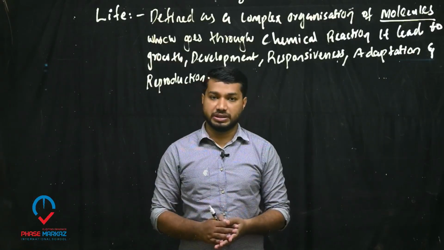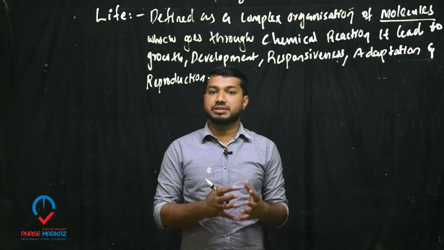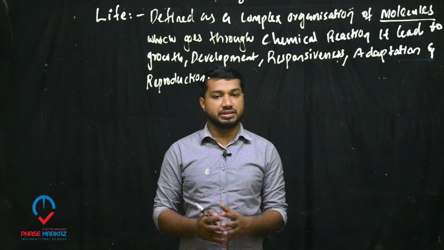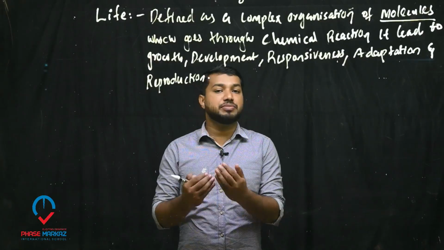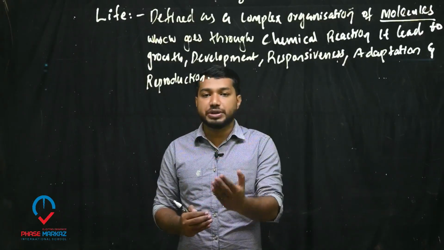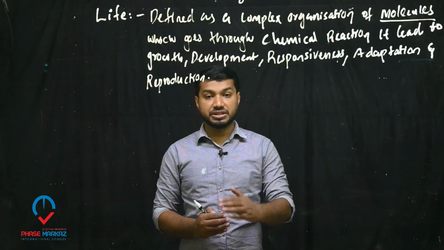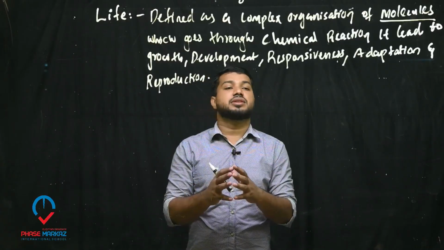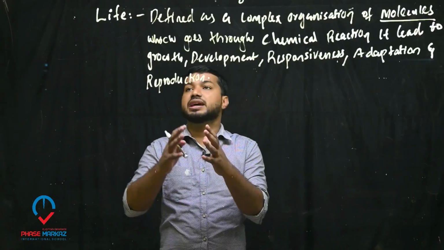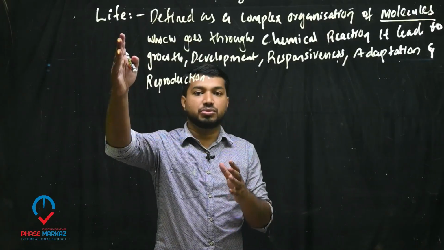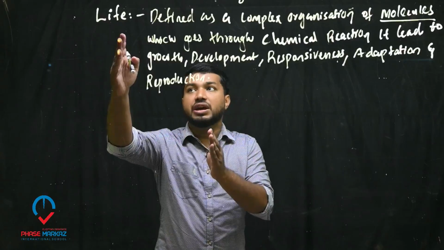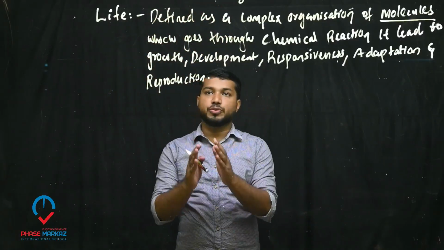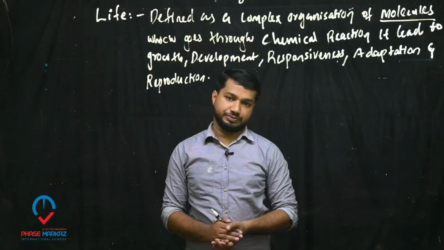Adaptation means it can adapt to its habitat, etc. Reproduction means production of offspring, the next generation. Those things have life, so we call them living organisms. Hope all of you are clear what life is.